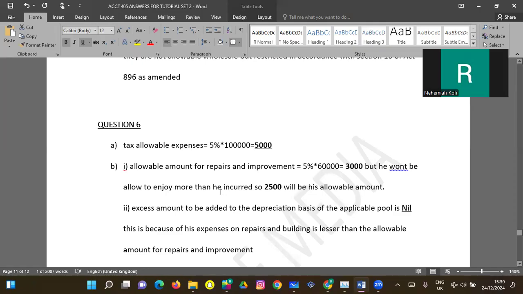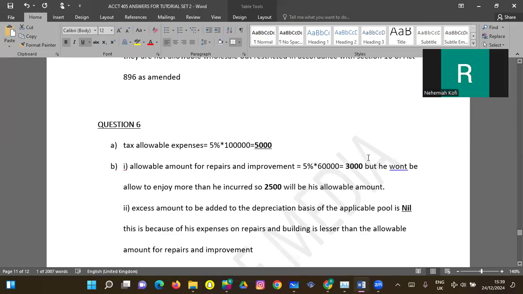So the excess amount will be insignificant, in the sense that since the allowable is higher than the expenses incurred, the excess amount to be added to the applicable pool is nil or zero. If the allowable amount is 3,000 here, and the actual expenses incurred is 5,000, then the difference, which is 2,000, will be the excess to be added.